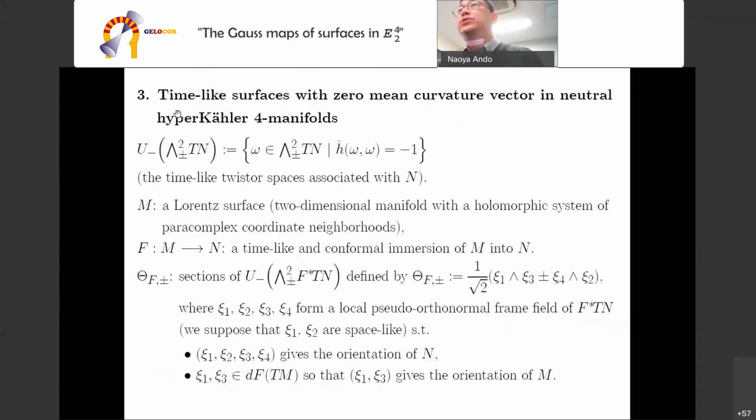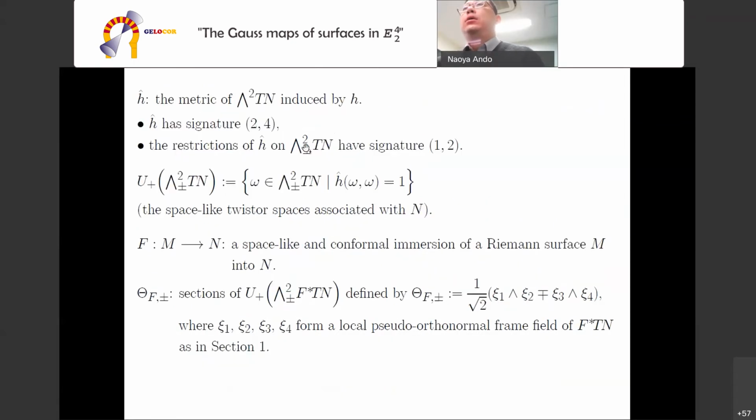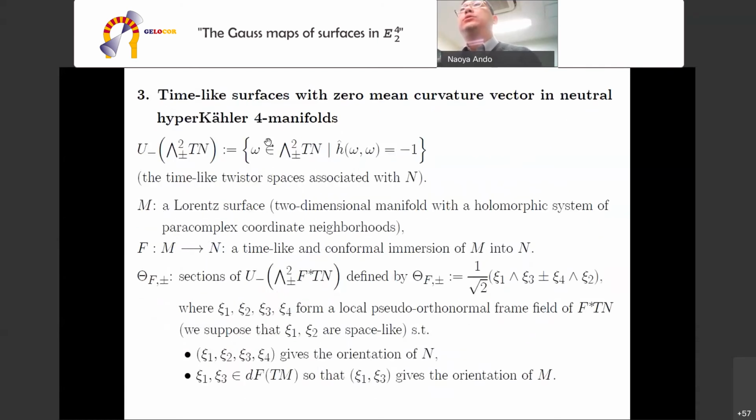In the last section, we consider time-like surfaces with zero mean curvature vector in neutral hyperkähler four-manifolds. We denote by these fiber bundles of these two subbundles. N is an oriented neutral four-manifold. These two subbundles have fiber bundles satisfying this condition.